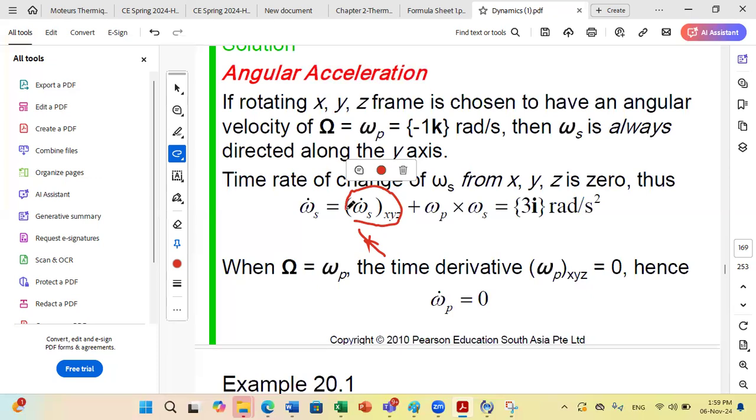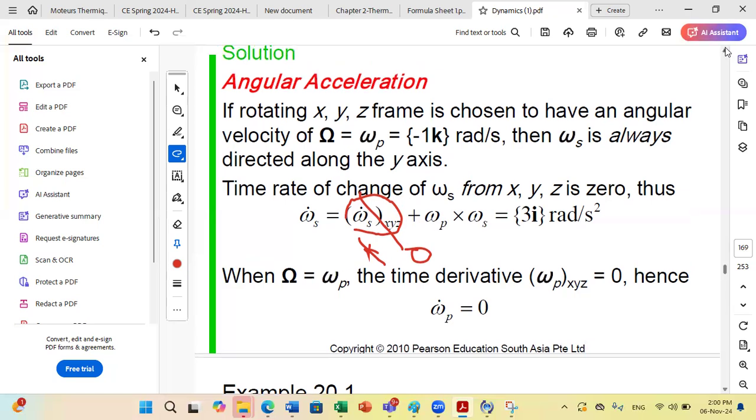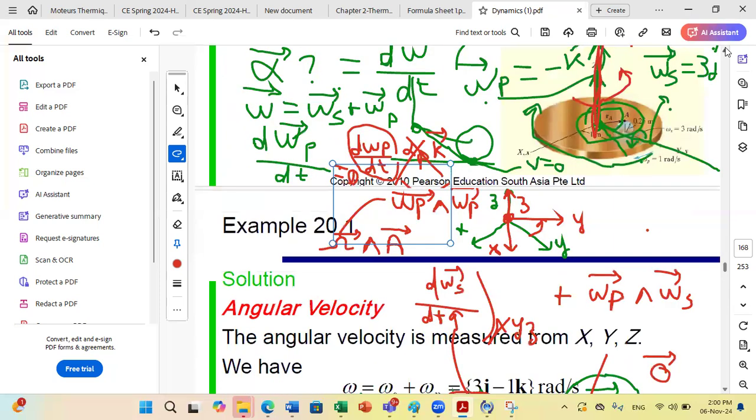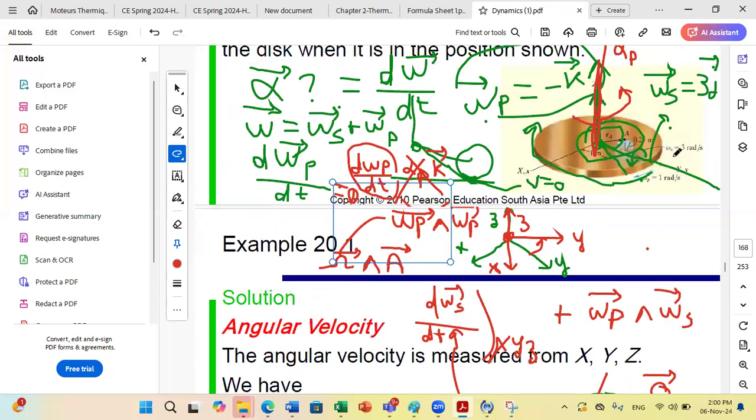So this term will be 0. This one represents the change in magnitude. I will give you an example where it is not 0. If they tell you the disk is rotating about its own axis at an angular acceleration alpha s equal to 2 radian per second square, for example, this represents the angular acceleration about this axis.